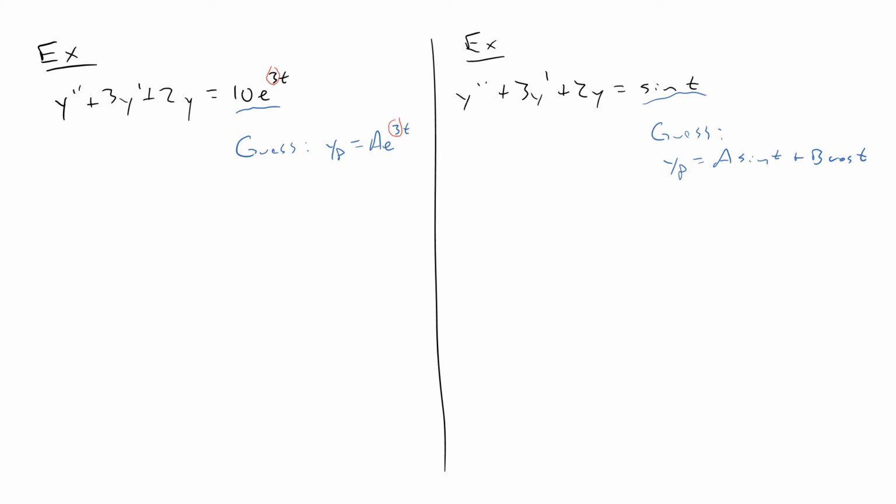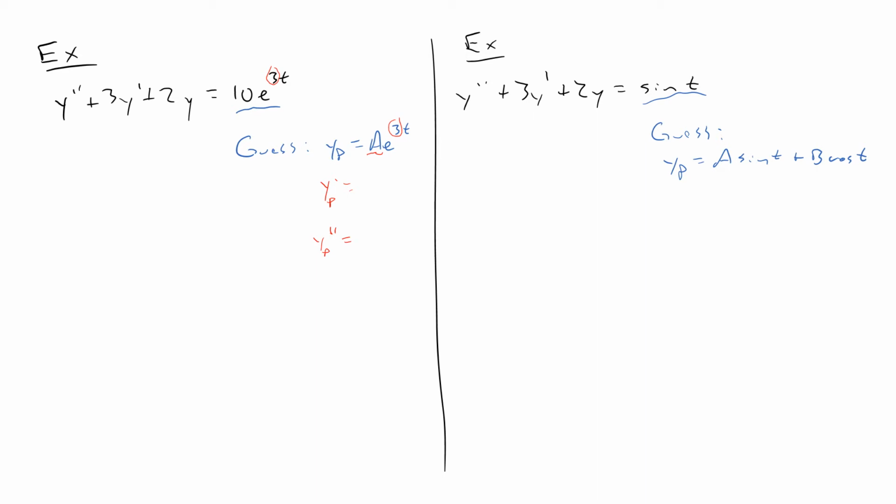The only thing that might change is instead of a 10, we have some unknown number attached to e to the 3t. That is our undetermined coefficient in this case. So, just like before, you find the derivative and the second derivative, and then plug everything into this differential equation and figure out if there's some number a that makes this work.